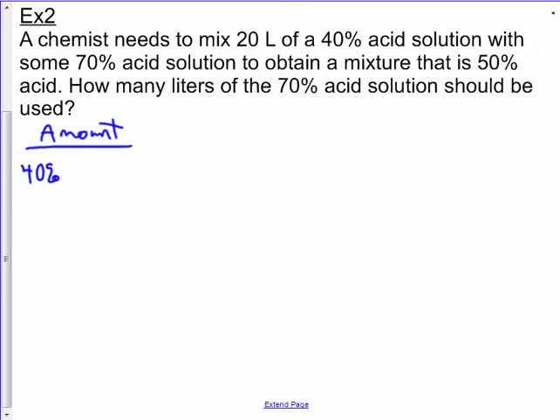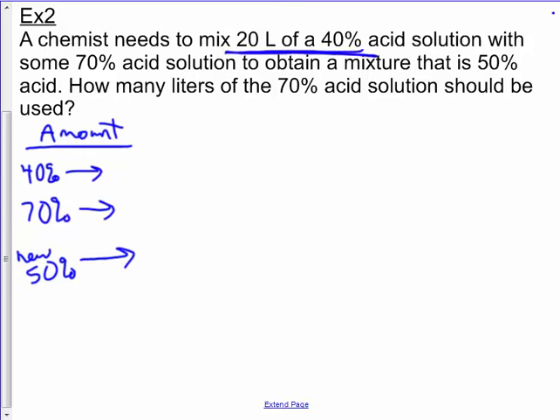Well, the first one, I look at the 40%. What amount do I have of the 40%? I have 20 liters. It tells me that. So I have the 40%, I have the 70%, and the new 50% mixture here. How much of the 70% do I have?